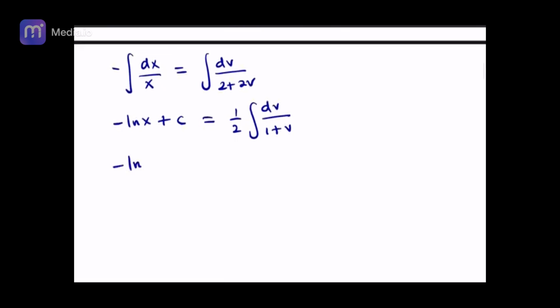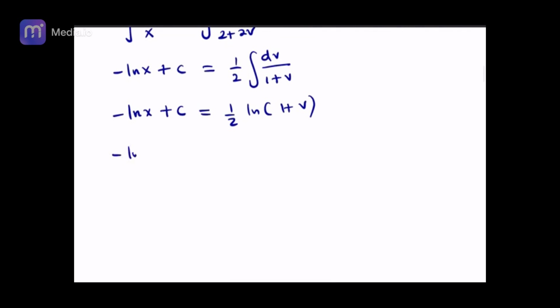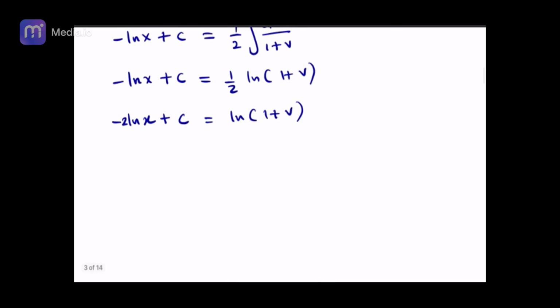So here, I can simply have −2 ln x + c, of course 2c is also a constant, equal to ln(1 + v). So if I bring this over to this side, I would have ln(1 + v) + 2 ln x = c.